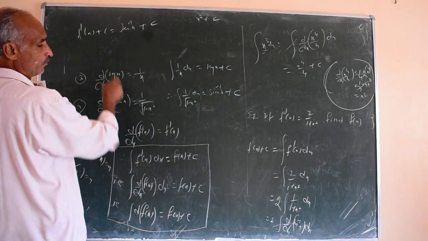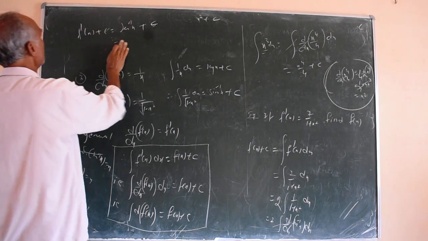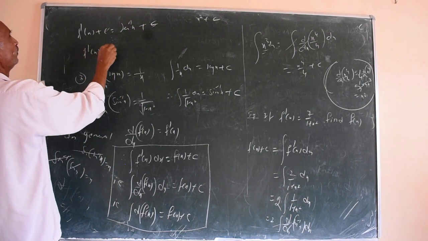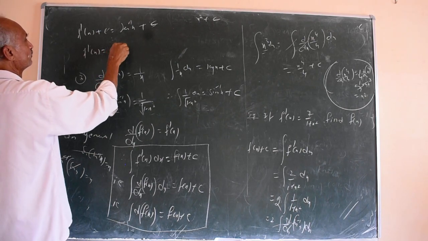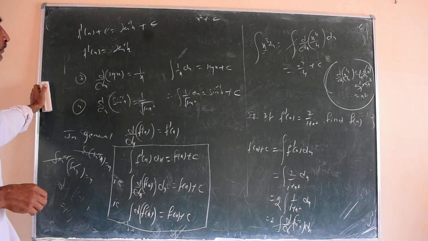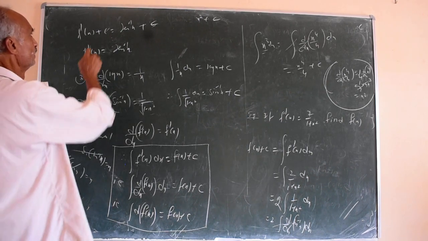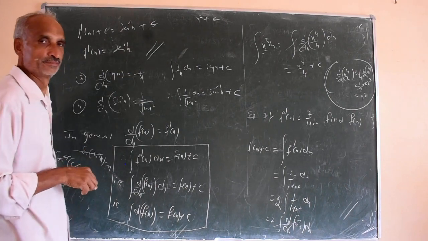So for that integration, you have to put one c. Therefore, c cancels here. Therefore, f of x is equal to tan inverse x. Now f of x is equal to tan inverse x, c cancels, that is the answer.